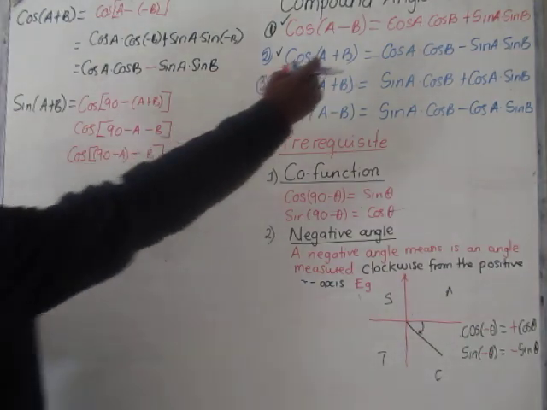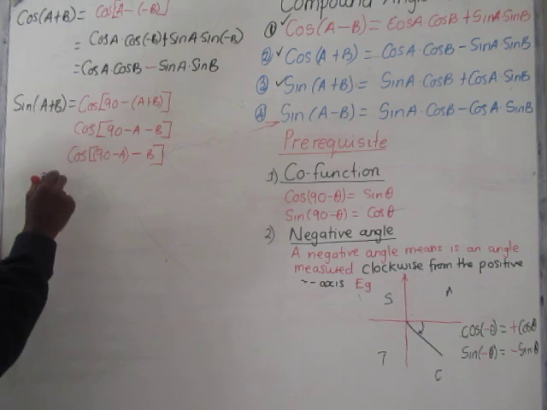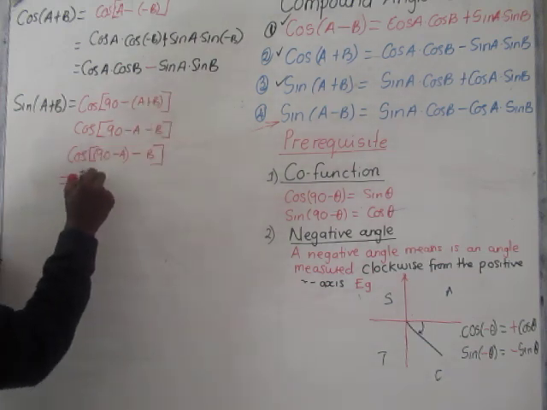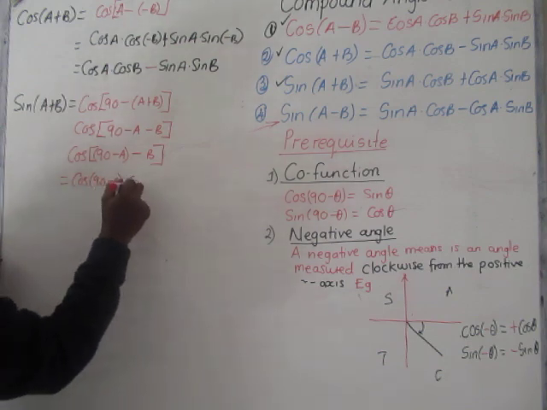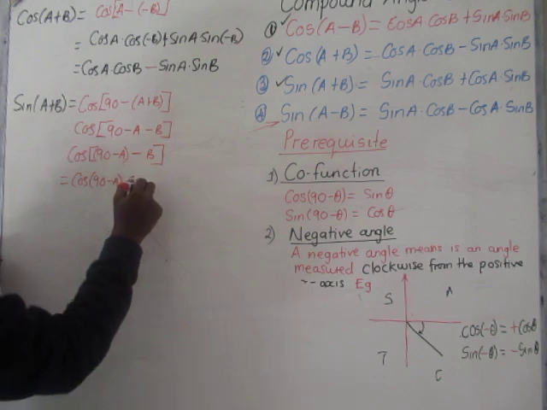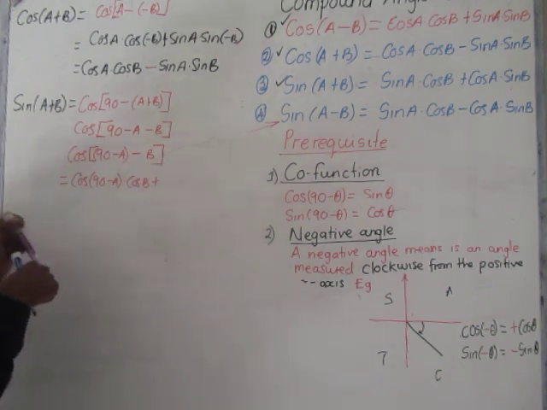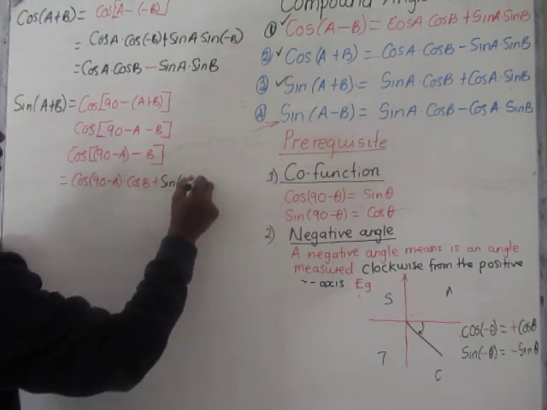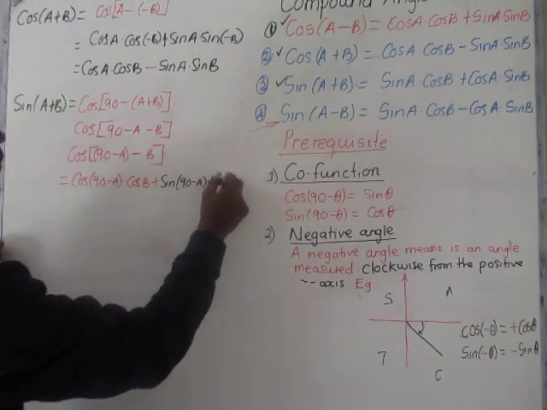So we can now apply the formula exactly as it is to say this can now be written as cos(90 minus a) times cos b, then plus, and I'm going to write in a different color, sine(90 minus a) times sine b.